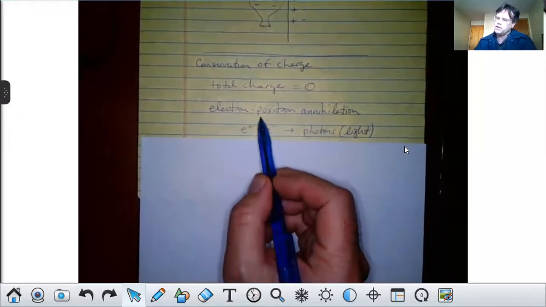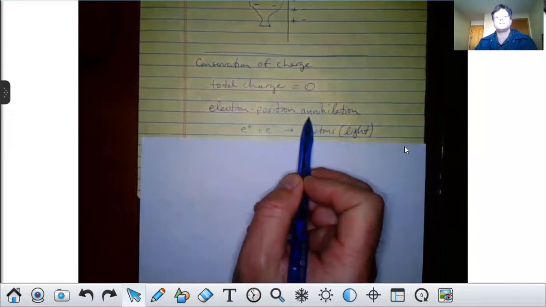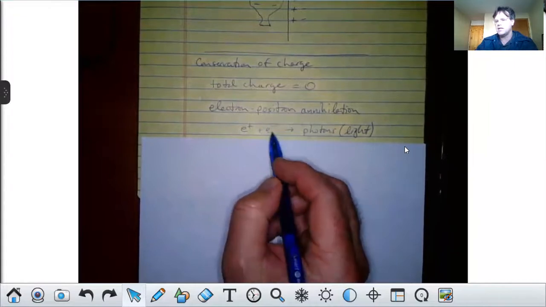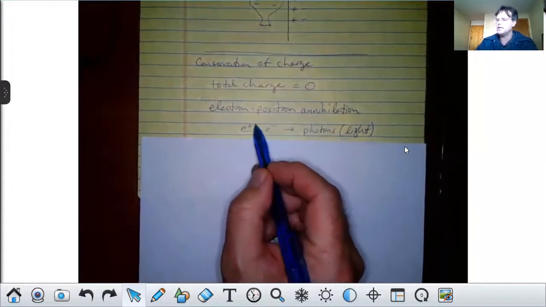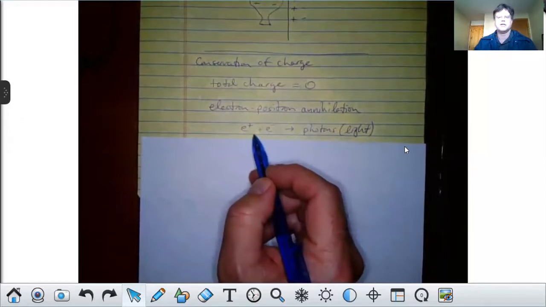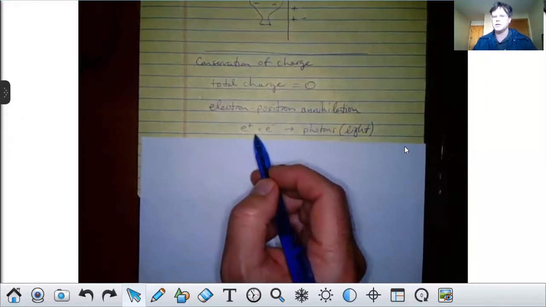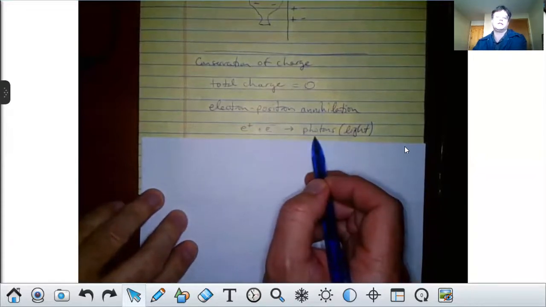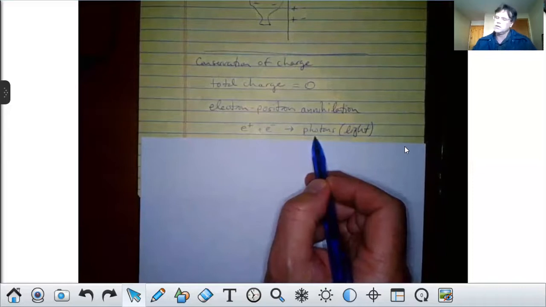We can have something called electron-positron annihilation. There exists a particle called a positron that has the same mass as the electron, it just has a positive charge. Turns out if you bring these two together, they disappear. Well, they don't really disappear, they turn into light, in fact, photons, particles of light.